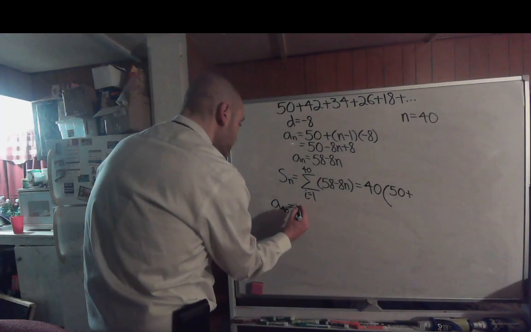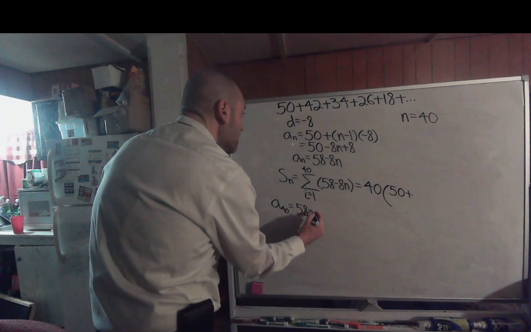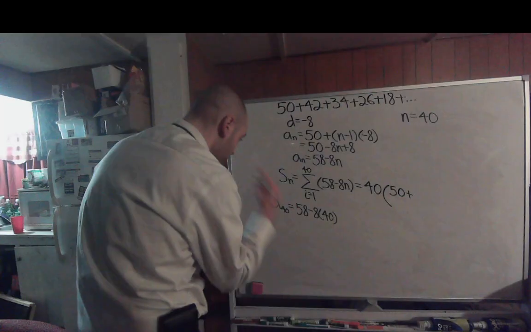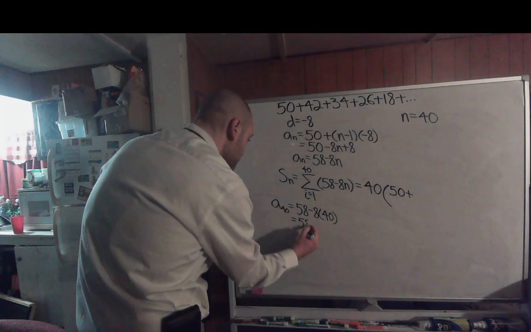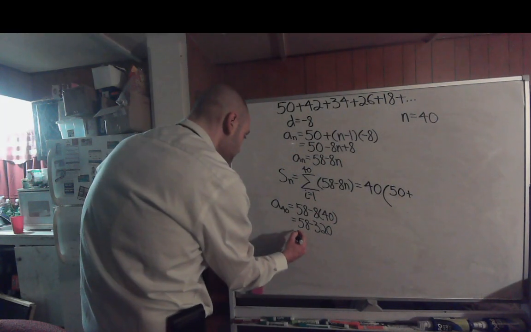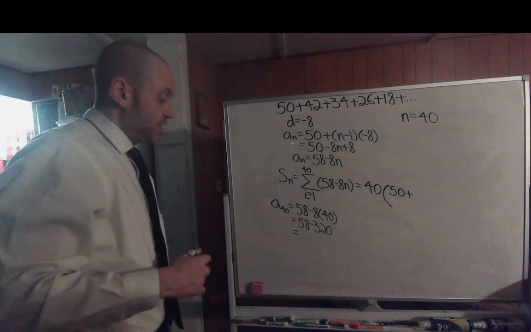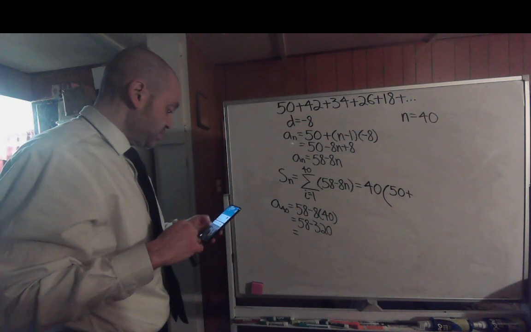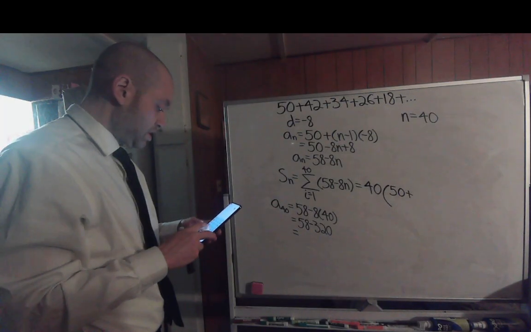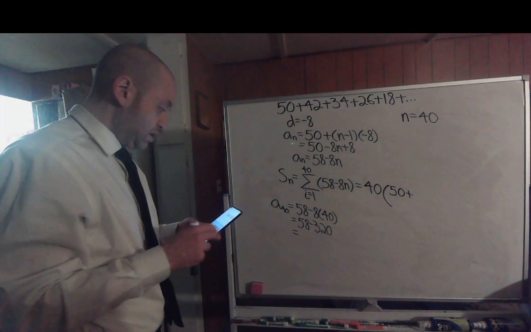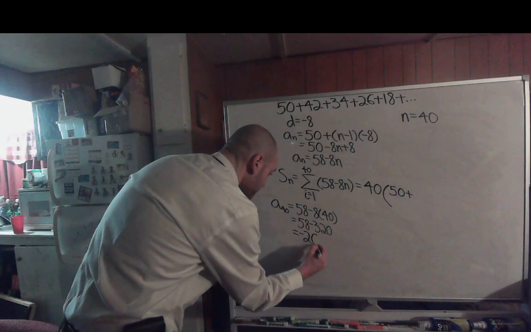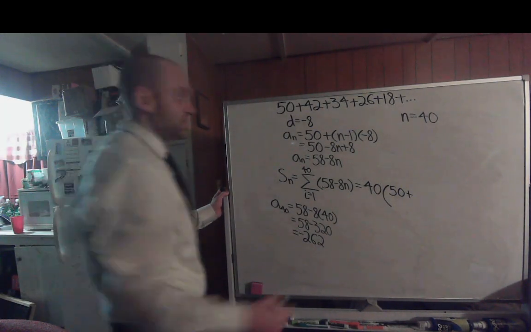That would equal 58 minus 8 times 40, which would give you 58 minus 320. That would give you negative 262. So the 40th term is going to be negative 262.